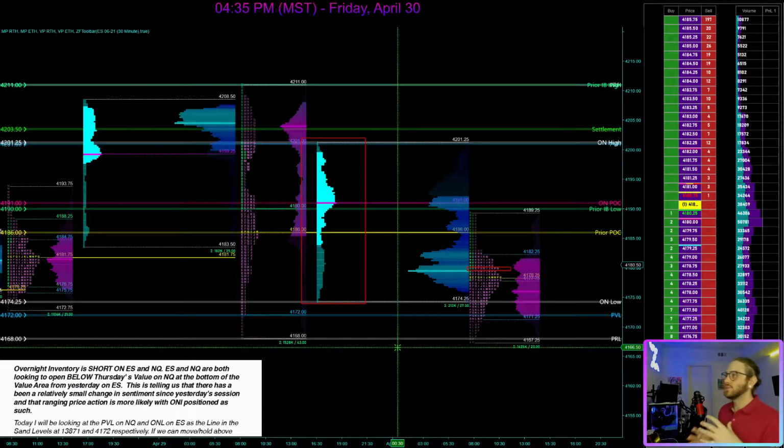I wanted to make a point to say that, because ranging price action is very difficult to trade. I feel like most people make their money in the trend and give their money back in the range. Everybody wants to catch the trending moves because it's fun and it's easier in a lot of instances.